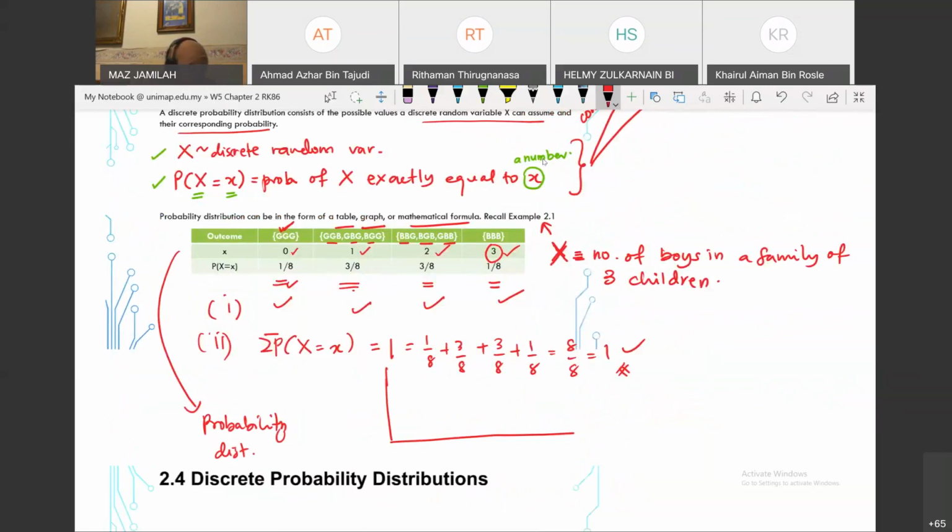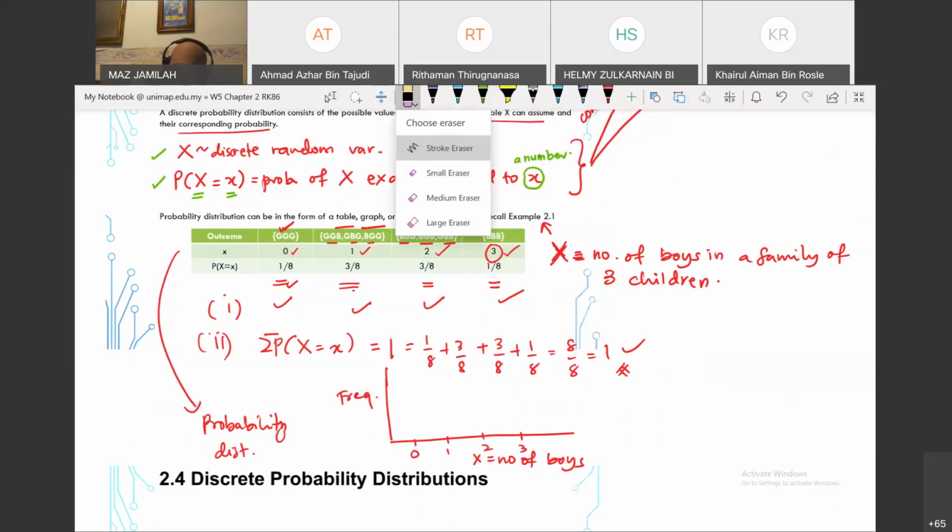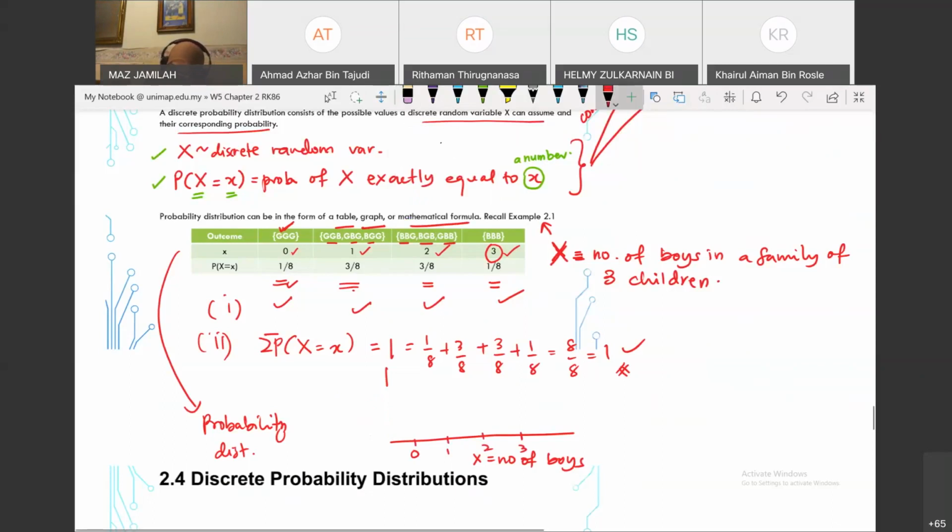Your x will be the number of boys: 0, 1, 2, 3, and this is your probability. For 0 boys, you will have 1 over 8.